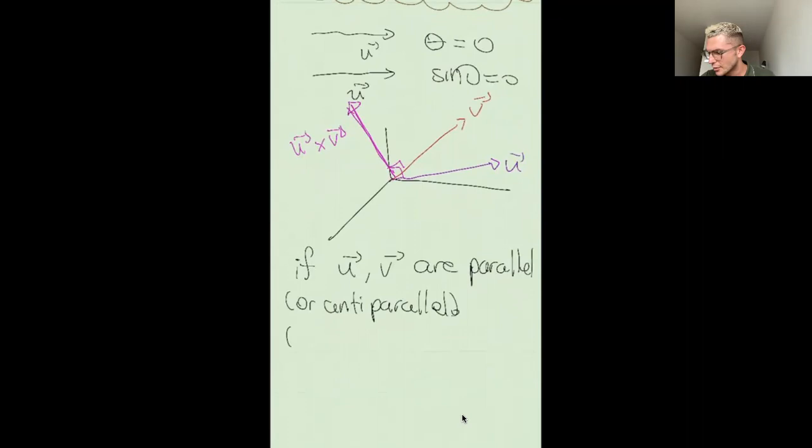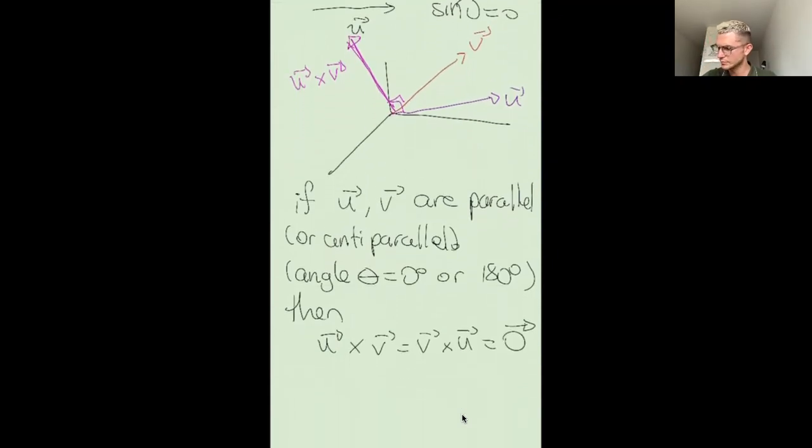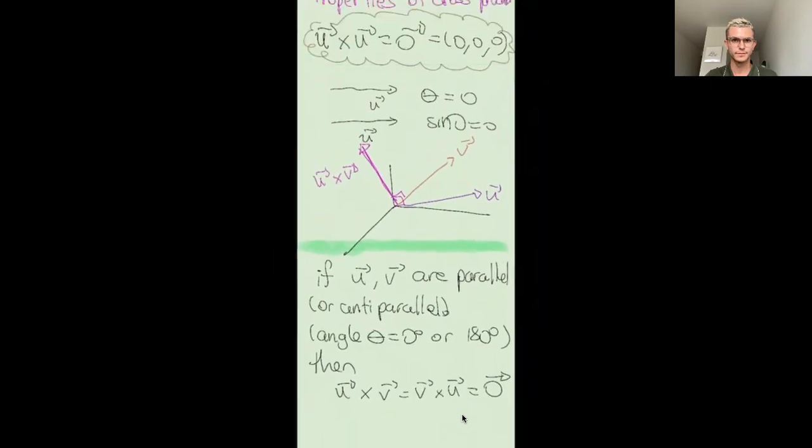So if the angle equals 0 or 180, then the cross product is 0. Is that okay? So far, so good. Yes.